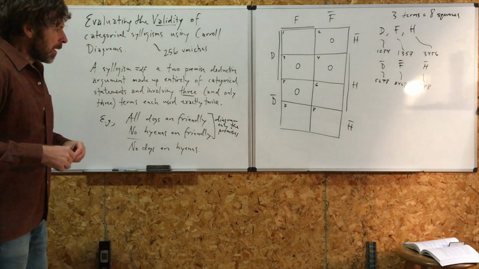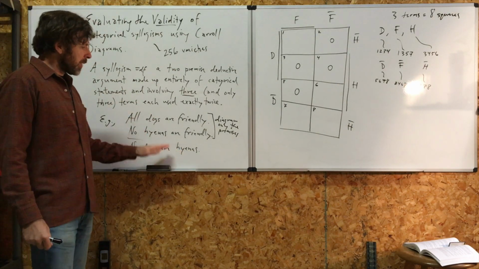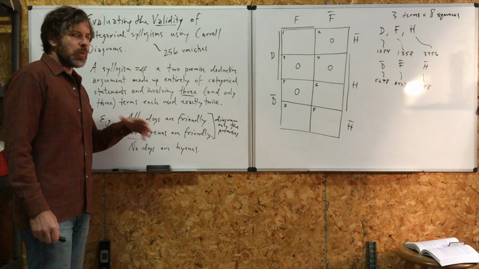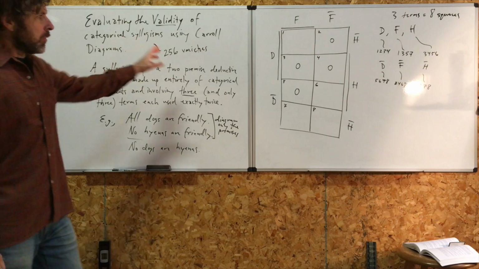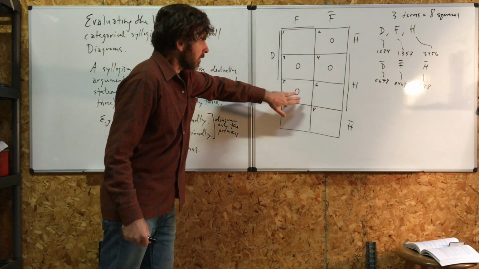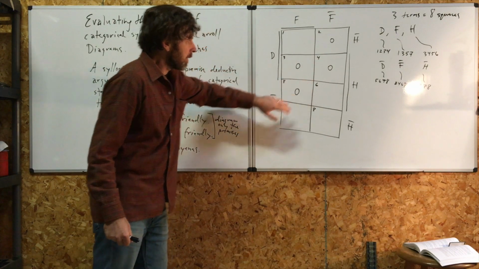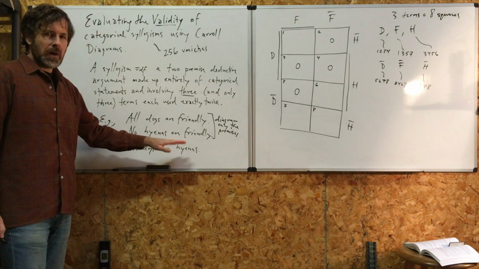Now, remember what a deductive argument tries to do. It tries to guarantee the truth of the conclusion on the basis of the premises. So what you're going to do is think about, does the diagram here make it true that no dogs are hyenas?